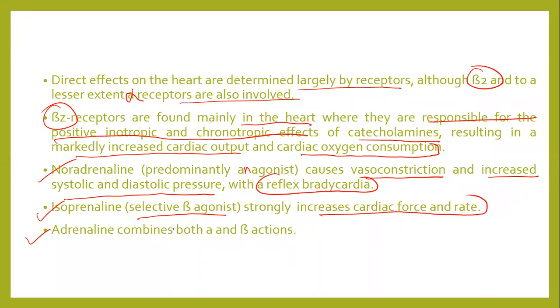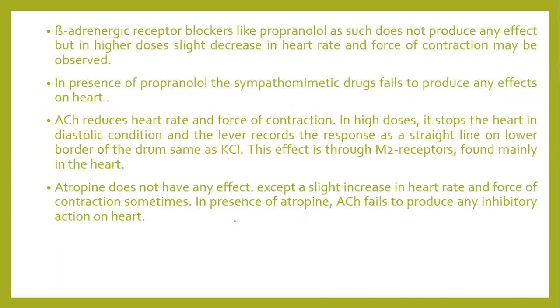Adrenaline combines both alpha and beta actions. Beta adrenergic receptor blockers like propranolol do not produce any effect, but in higher doses they slightly decrease the heart rate as well as the force of contraction.